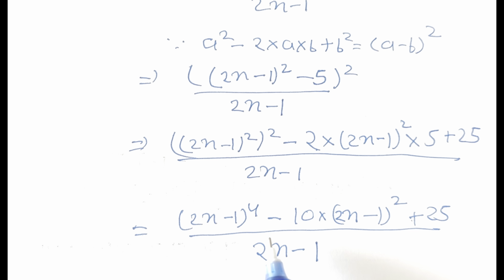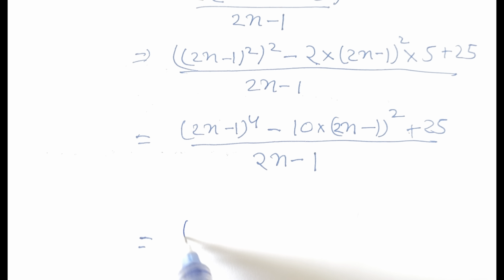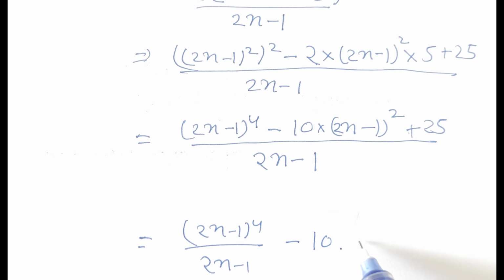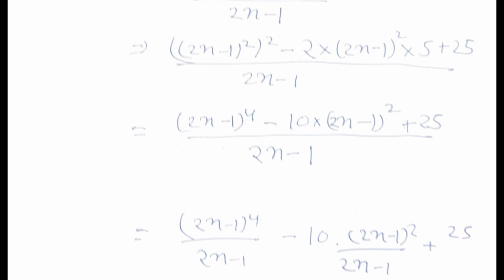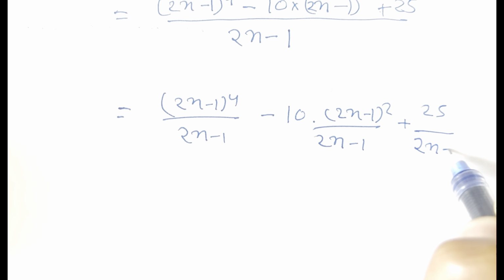Divide each term in the numerator by the denominator 2n − 1. So let's see what we will get. It equals (2n − 1)⁴ divided by (2n − 1), minus 10 into (2n − 1)² divided by (2n − 1), and plus 25 divided by 2n − 1.